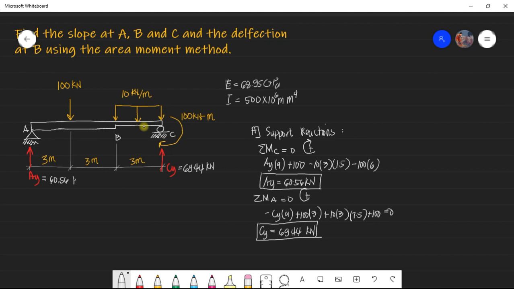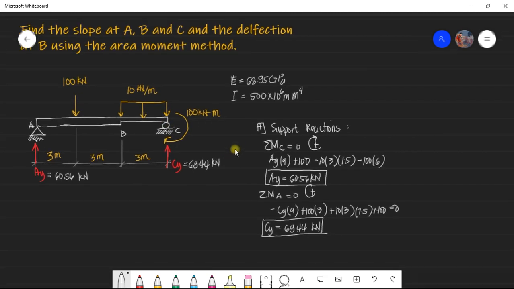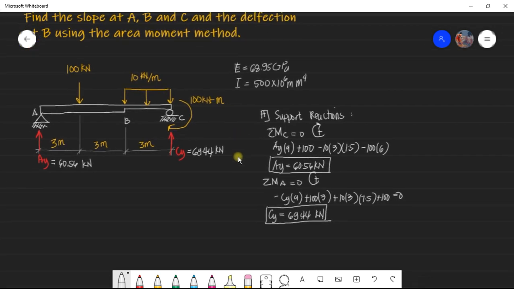Okay, now we can proceed. So, where will you take the moment by area now? The first step is to choose where your moment center will be, the best location of the moment center. I gave you a link to a lecture by Sir Gortera on how to determine the best location of the moment center.